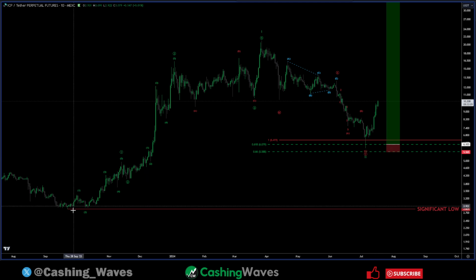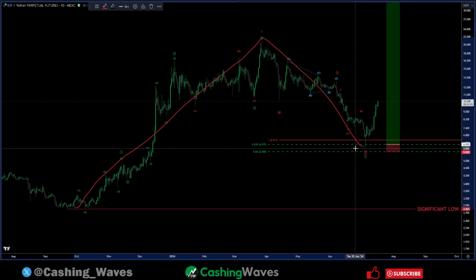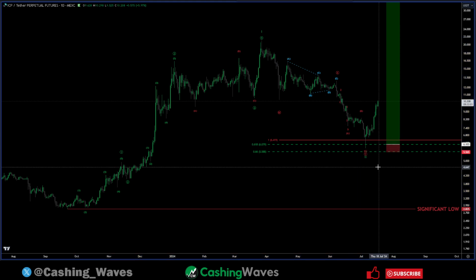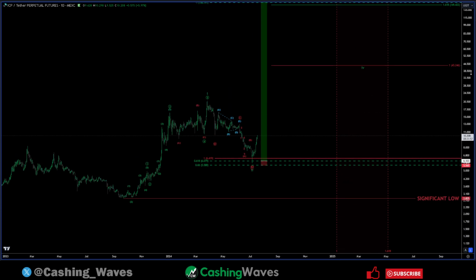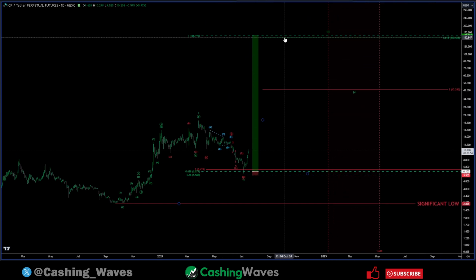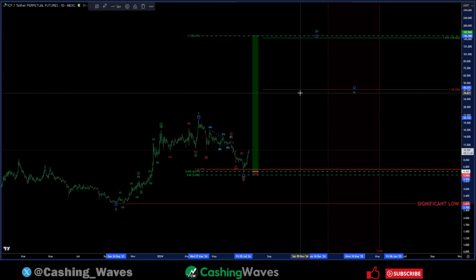Targets for that is the 1.618 extension of wave 1 off of wave 2, if this count is correct and is complete. So we zoom out, put on our Fibonacci extensions. There's our 1.618, looking for 149.42 for our 3rd wave.